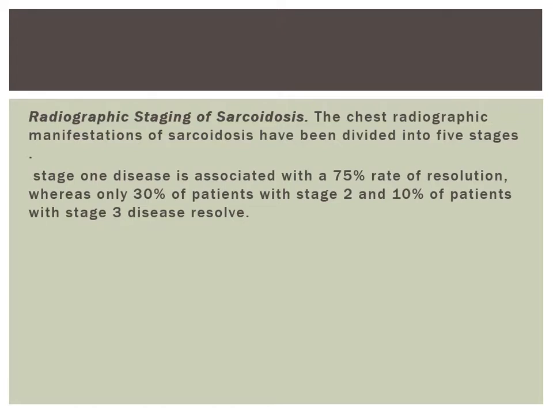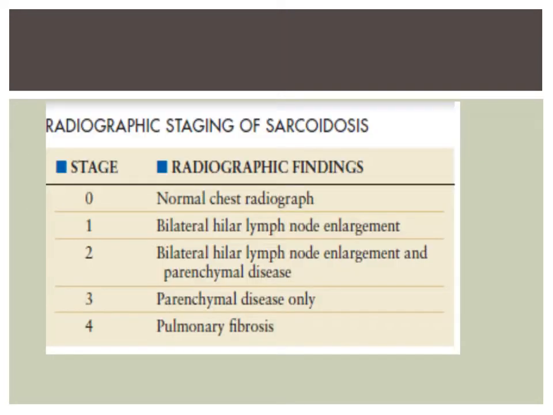It's divided into 5 stages. Stage 1 disease is associated with a 75% rate of resolution, whereas only 30% of patients with stage 2 and 10% of patients with stage 3 resolve. These are the radiographic findings.